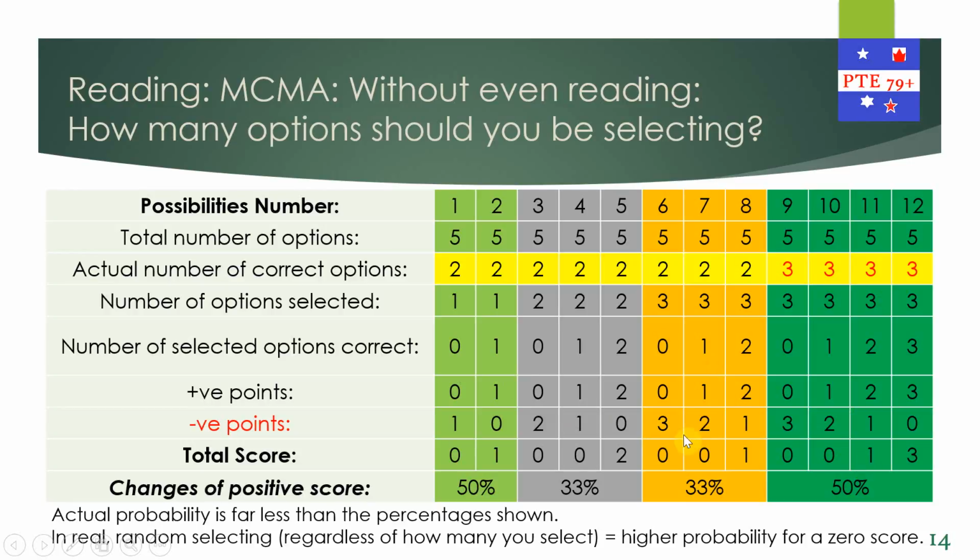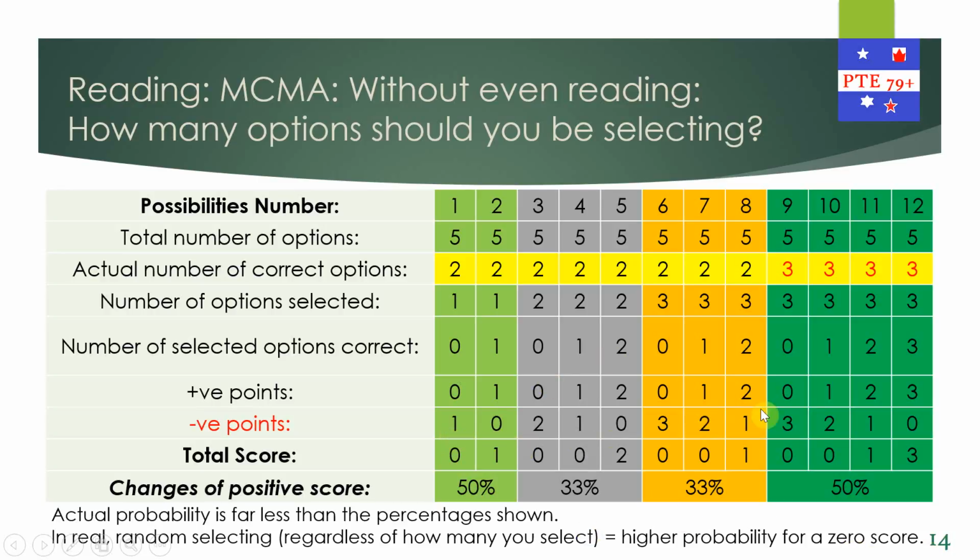So now you decide what is the right thing to do if you want to make some random selection without reading. Should you be selecting one, two, three? I will say that select three. If you select three, either you're going to get 0, which you will get anyway in any of these cases. If you calculate the probabilities for a random selection, there is a high probability to get 0.